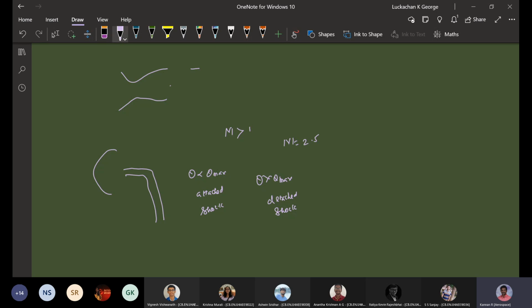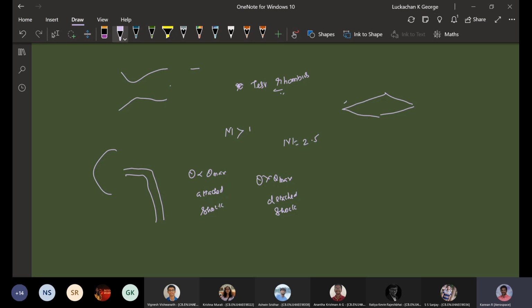So here we will be thinking about that, because a detached shock is going to form, or an attached shock is going to form. After that, how is the flow switching? So what we will do is a wedge-like arrangement.